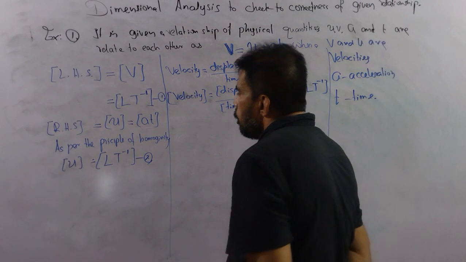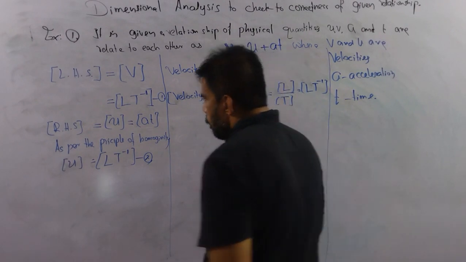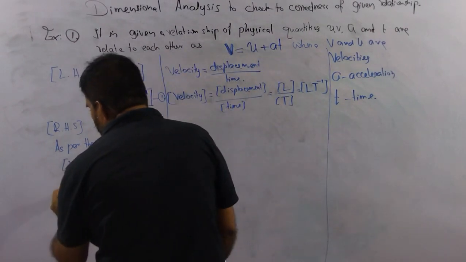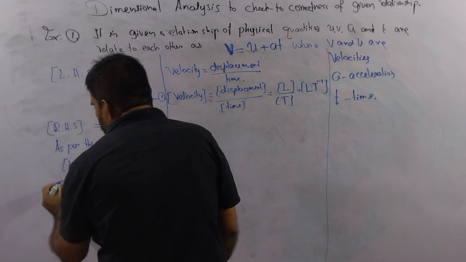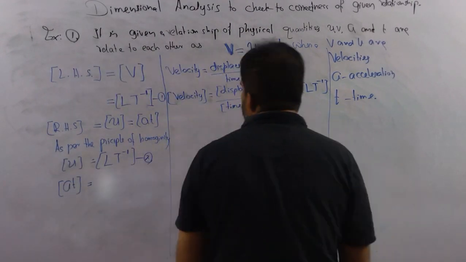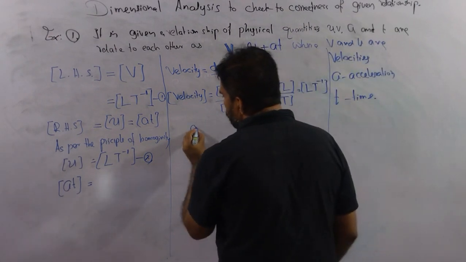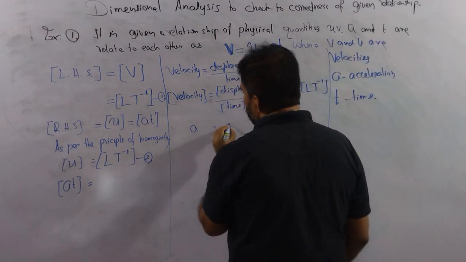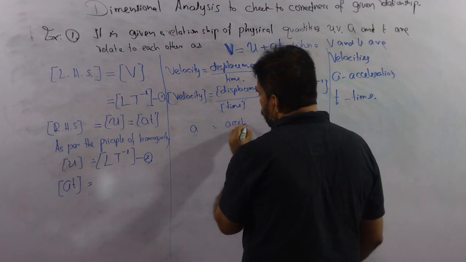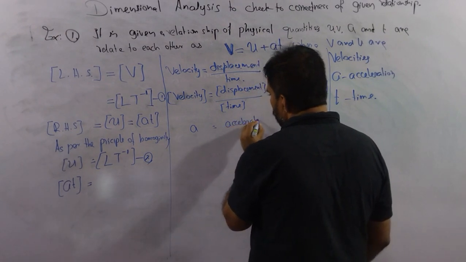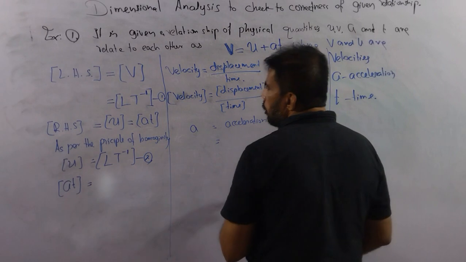Then the dimension of A T. A is acceleration. What is acceleration?